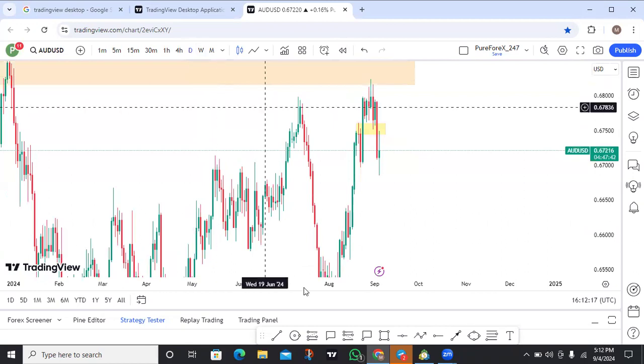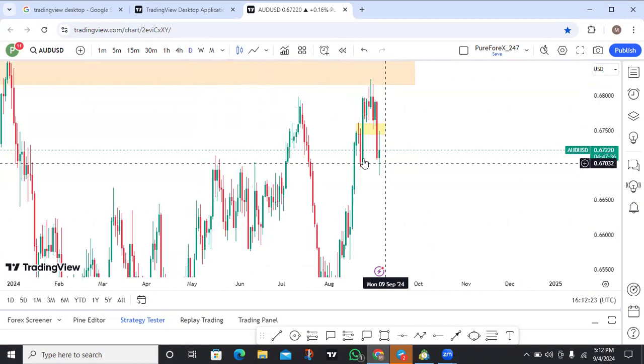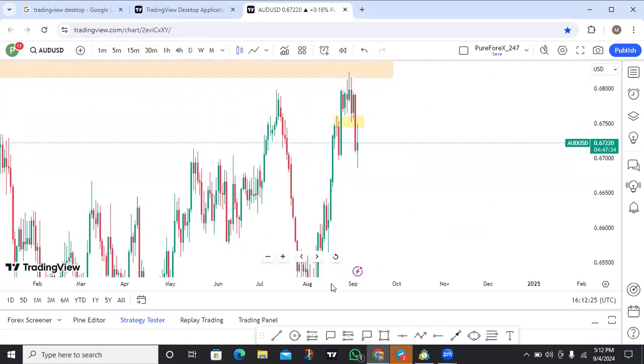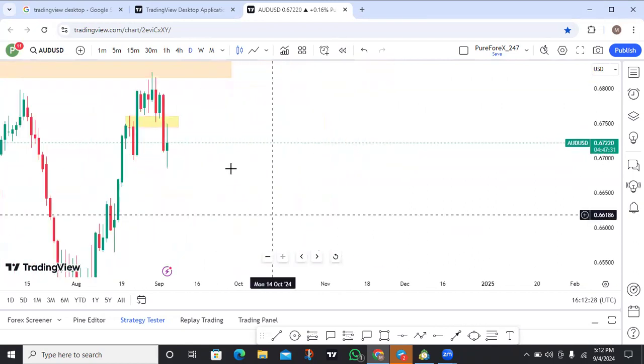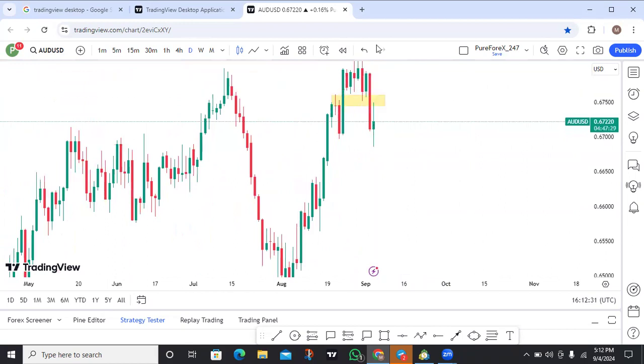So let's wait. Yeah, this is a bearish engulfing candle as confirmation. Look at this one. It's a bearish engulfing candle as confirmation. So price can drop from there.